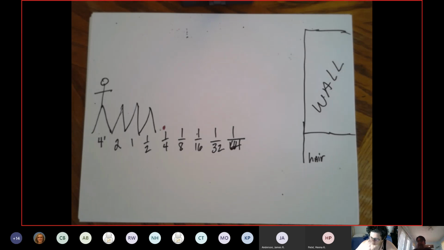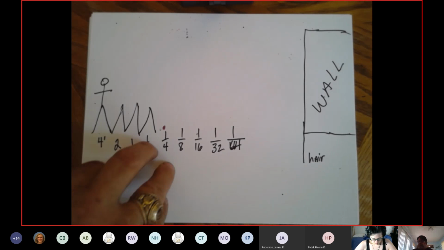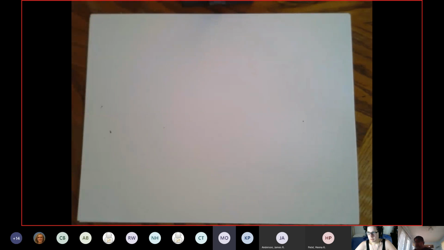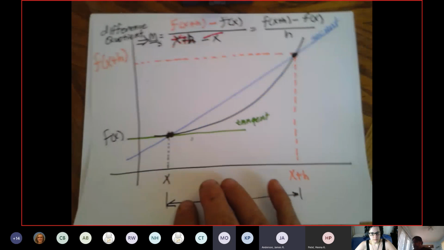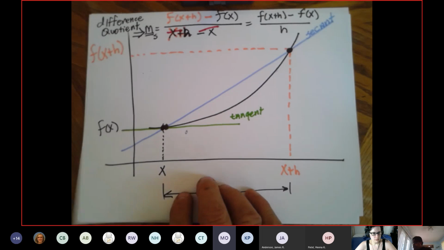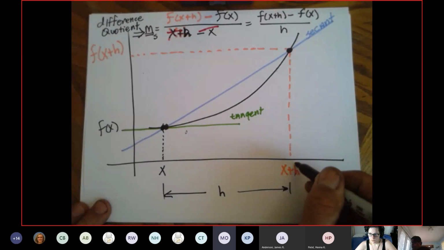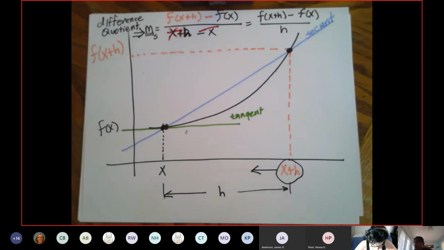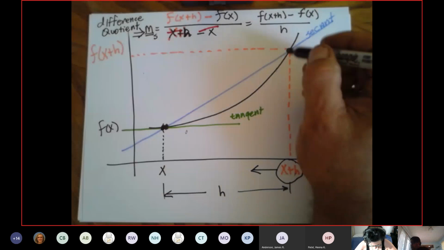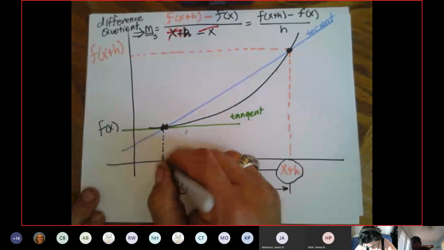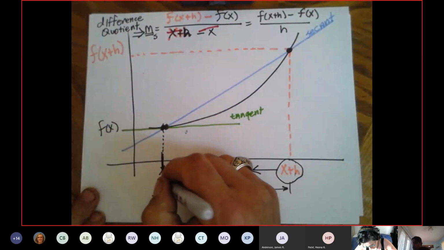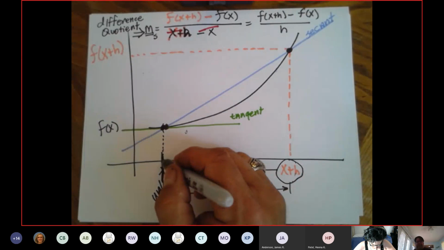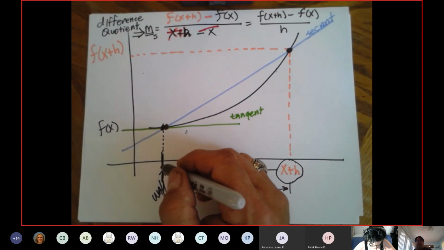Well, now we're going to apply the limit theory to the algebra that you spent 12 years learning. I'm going to bring this x, this coordinate right here, and make it go that way. This is just like you, and here's the wall. What do I want to do? I want to get up to that wall the width of a what? Width of a hair.